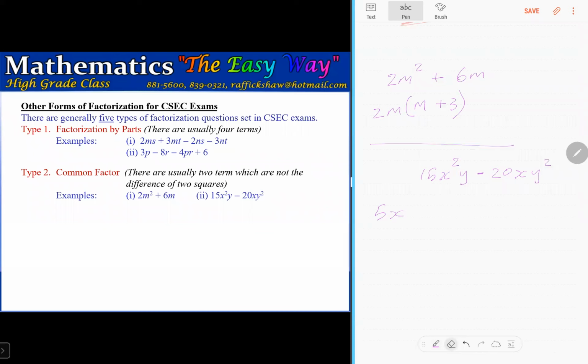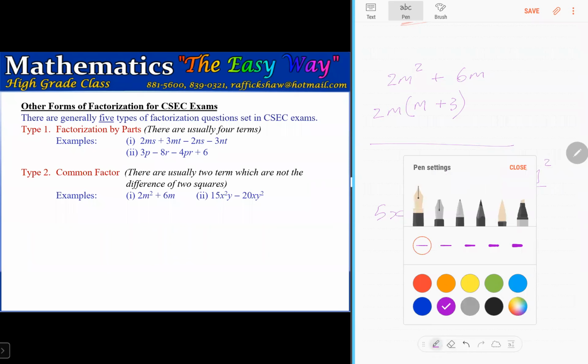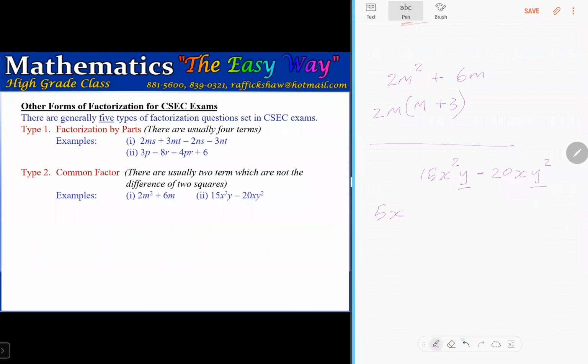In terms of the y, you have y and y squared, and the highest common factor is y. So you factor out 5xy. You divide by the 5, you get 3. You divide x squared by the x, you get x. And you divide y by the y, you get 1. Alright, that's that.